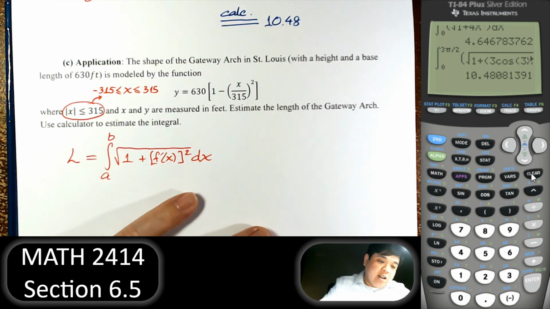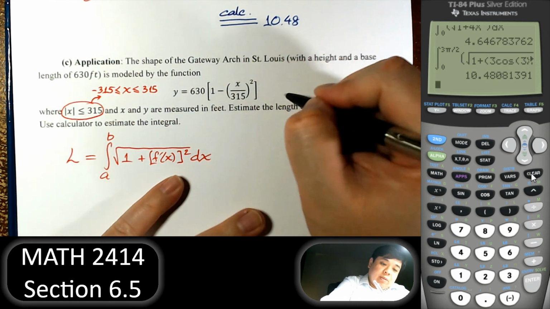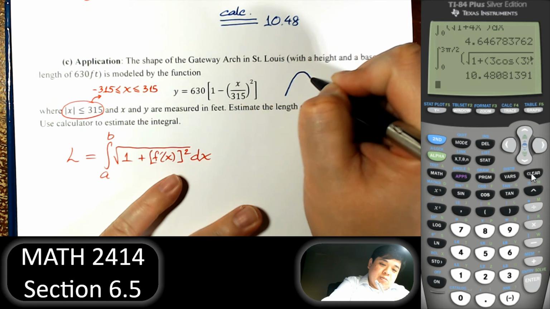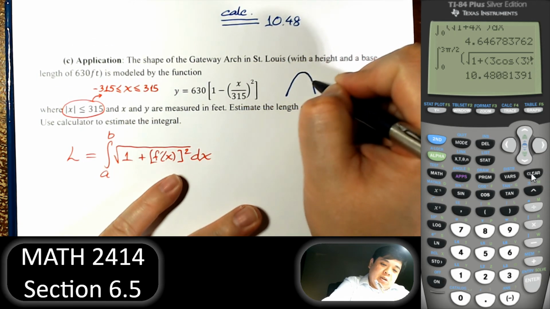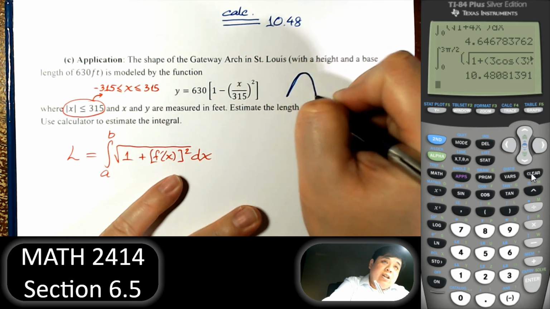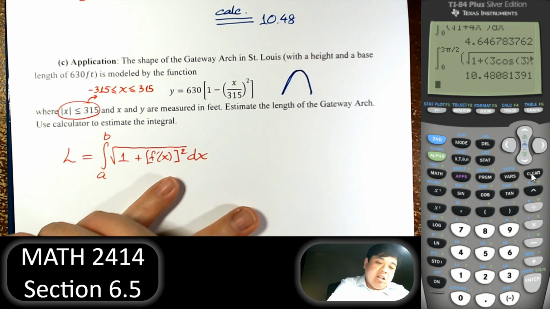The reason for that is, in this case we have the Gateway Arch in St. Louis. So it's next to the Mississippi River. The Gateway Arch. I was there many times.